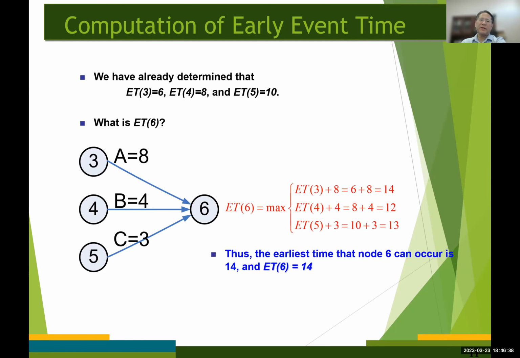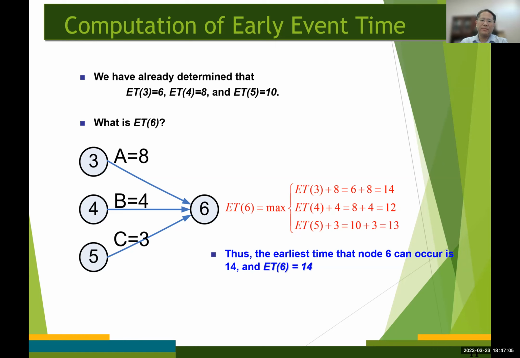And we also considered this segment of a project network. Here we assume that we already know the earliest times for events numbers 3, 4, and 5. And then we'd like to determine the earliest time for event number 6, right?